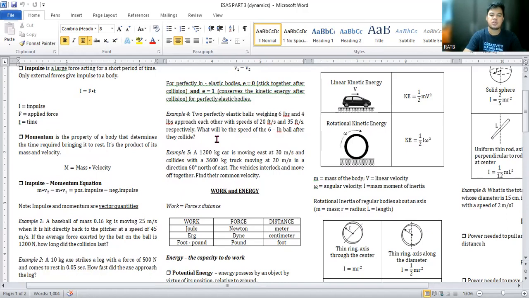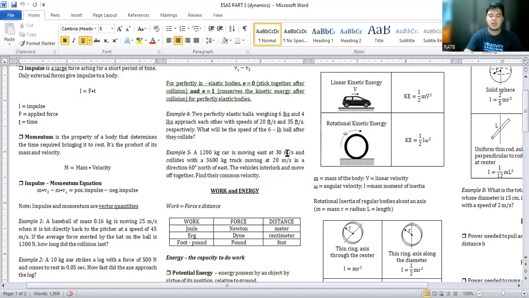Take note that's elastic, which means the coefficient of restitution is 1. Each ball weighs 6 pounds and 4 pounds, and they approach each other with a speed of 20 feet per second and 35 feet per second respectively. What will be the speed of the 6-pound ball after they collide?